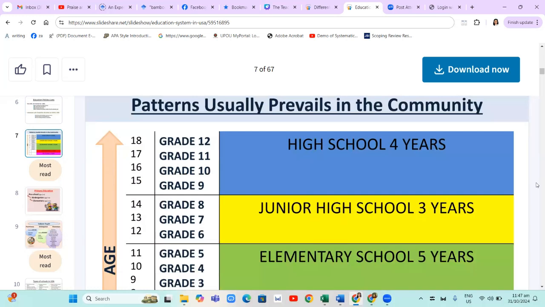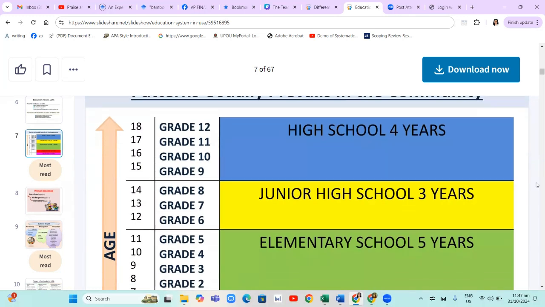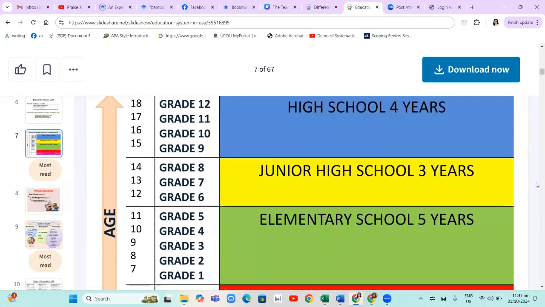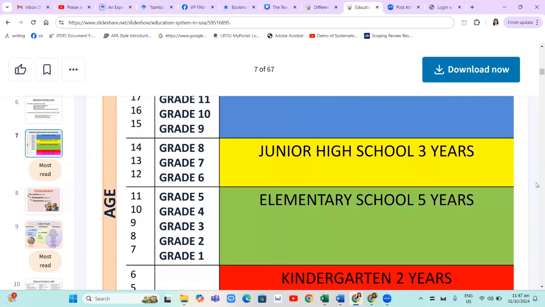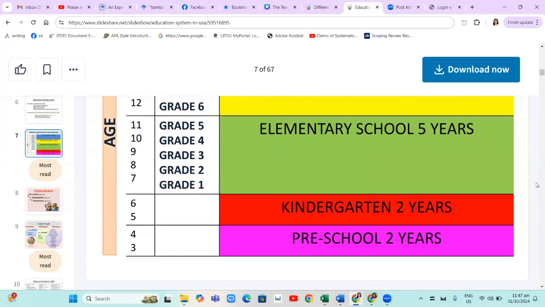So this is the pattern that prevails in the community of the USA. There is elementary school of 5 years. But before this, there is preschool of 2 years, ages 3 to 4, and kindergarten of 2 years, ages 5 to 6.